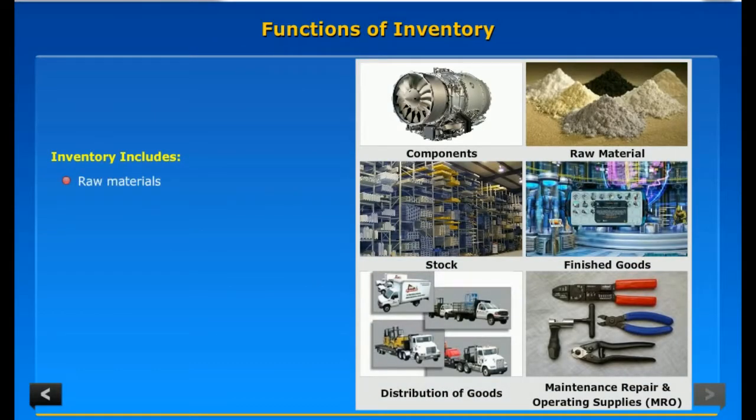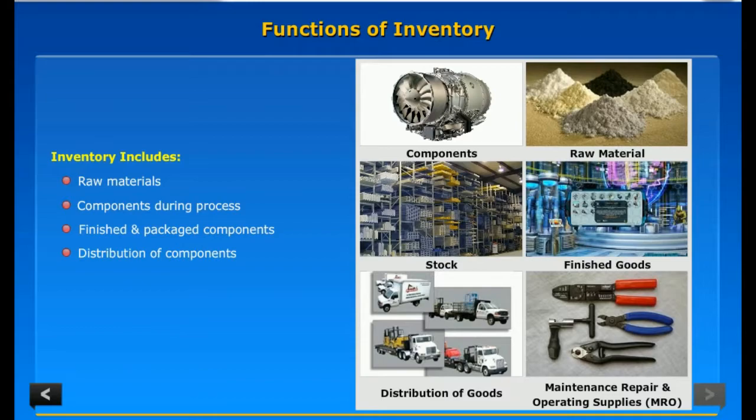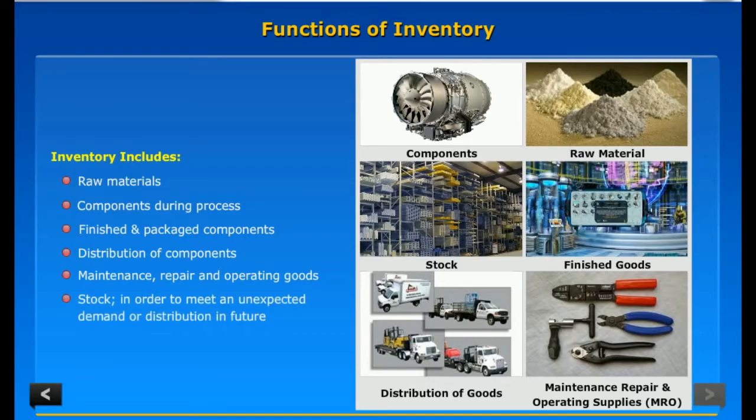Inventory includes raw materials, components during process, finished and packaged components, distribution of components, maintenance, repair and operation goods, and stock in order to meet an unexpected demand or disruption in future.